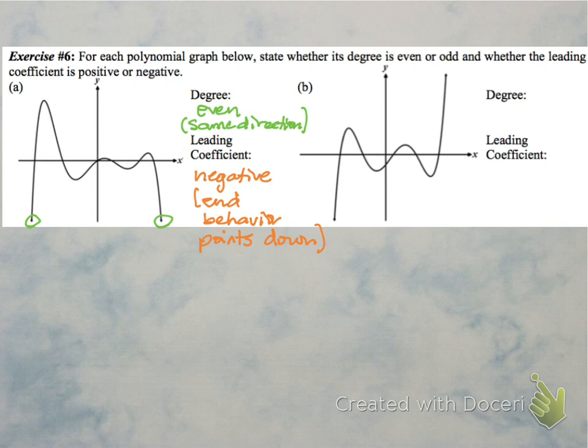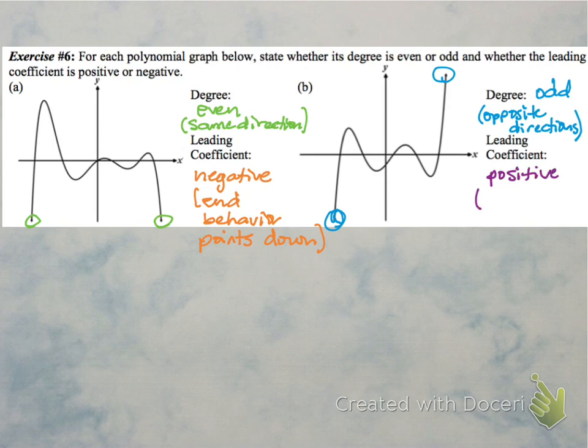All right, so this one, they're pointing in opposite directions. So my degree must be odd because it's going in opposite directions. And my leading coefficient must be positive.